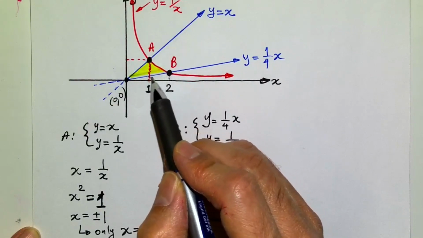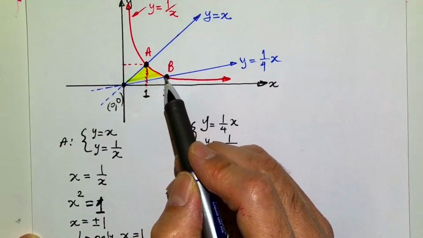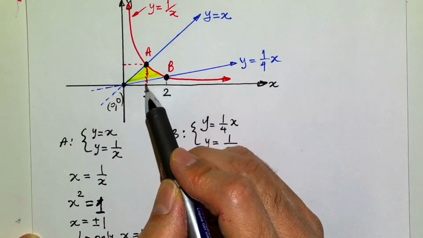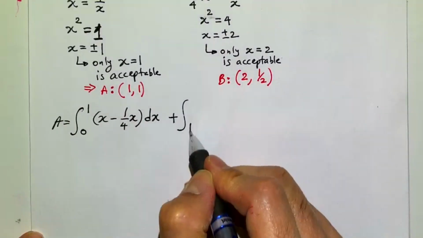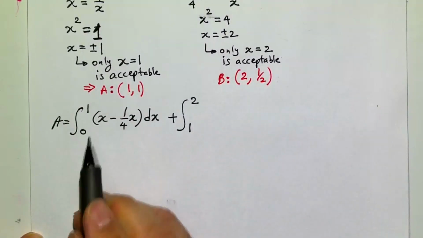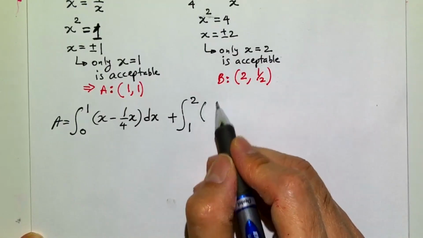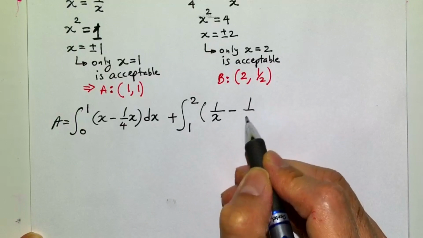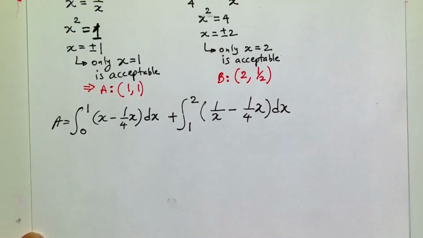This is the top curve, this is the bottom curve. So 1 over x minus 1 over 4x integrated from 1 to 2. So let's add that, integral from 1 to 2 of 1 over x minus 1 over 4 times x dx.